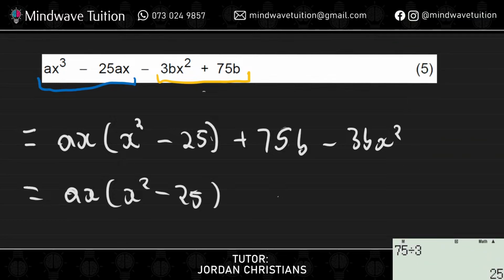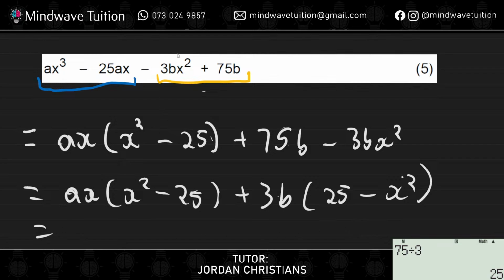Yes, it can. So this means we can take out 3 as the common factor, and this is 3b. So we'll take out 3 as the common factor, specifically plus 3. As for the letters, only b is common, so we'll take out b as well. So that's simply with 25 minus x squared.